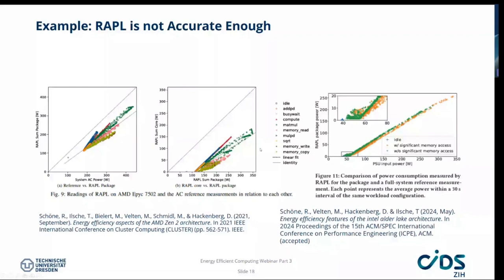If you look at Intel and look here at that desktop system, then you see that's also inaccurate. So here we have some kernel with memory accesses, and since desktop systems don't provide the DRAM domain, you see that the projected power consumption is lower. But the problem is that if you look at the lower power consumption here in that zoomed in part, while the actual power consumption of the system goes up from 40 something to 50 something watts, RAPL often reports only these 1.4 watts on the y-axis.